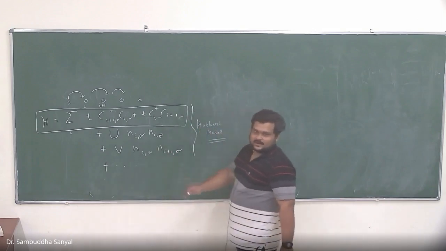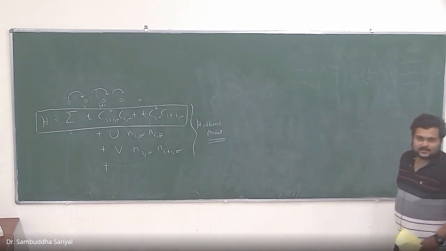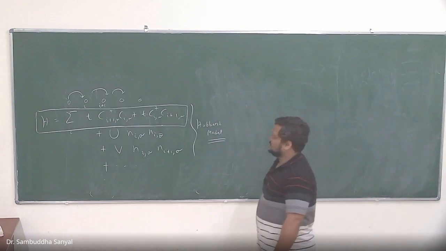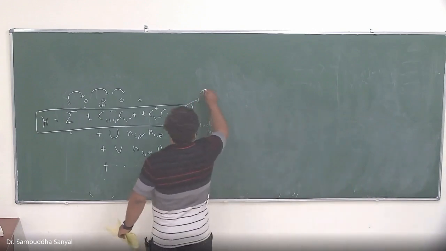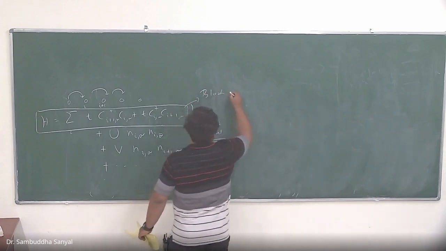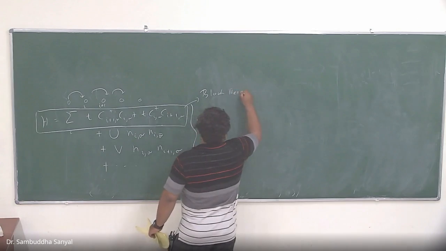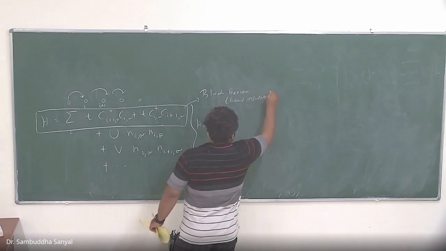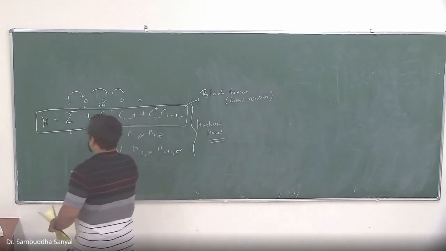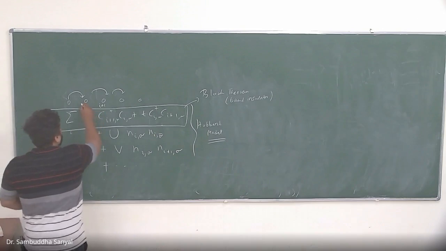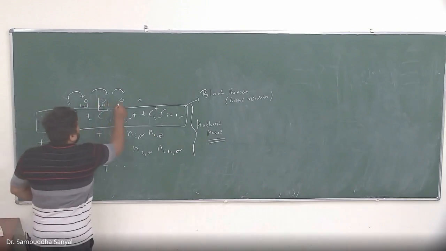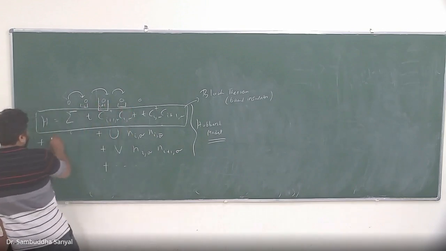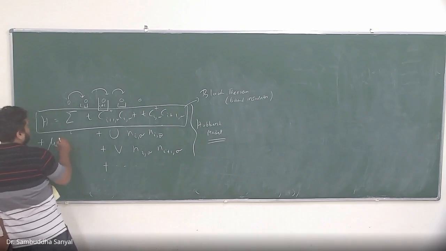This is what you are learning now, all these electron-hole concepts. So this will give you the Bloch theorem and band insulator. There is actually another term which I missed. There can be an on-site potential, which I write as mu_i n_i.